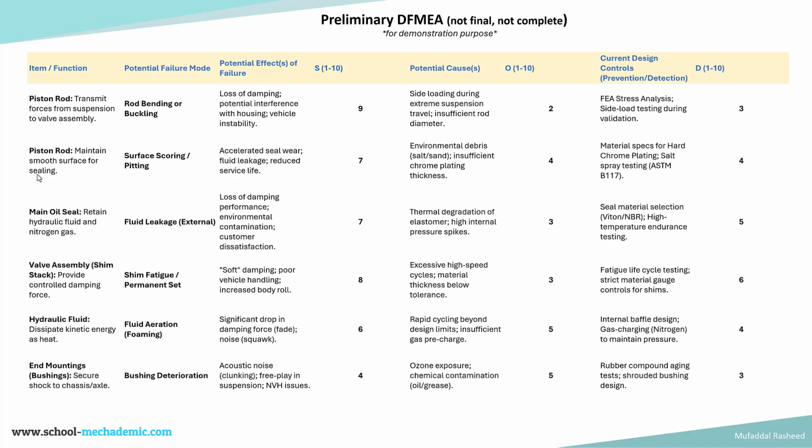So similarly, you can see the other items, functions, the related failure modes, the potential effects, the severity ratings, the potential causes, the occurrence rating, the current design controls, prevention and detection, and the detection rating.